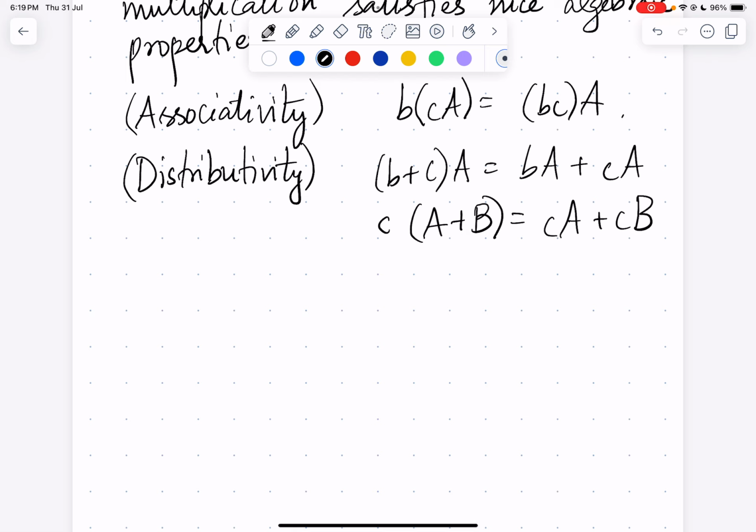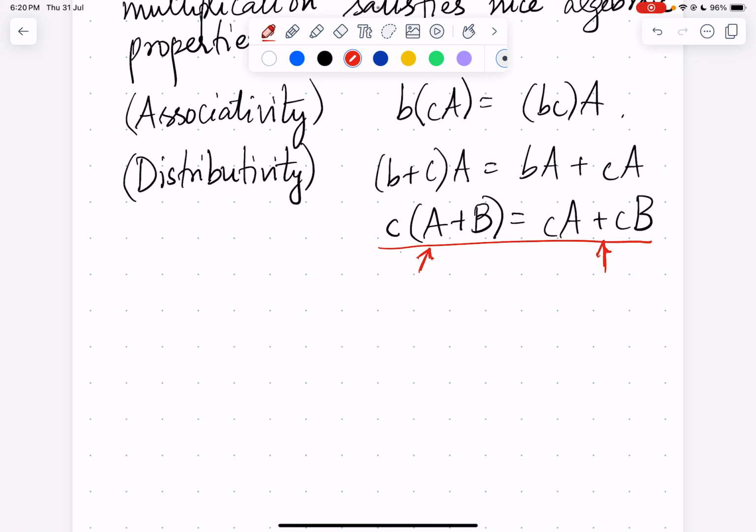You just take points and evaluate the left hand side and right hand side and see that they are equal. We can actually mentally see that the left hand side and right hand side are equal. For example, the first coordinate of the left hand side point will be C times (A1 plus B1), and the first coordinate of the point on the right will be C times A1 plus C times B1.